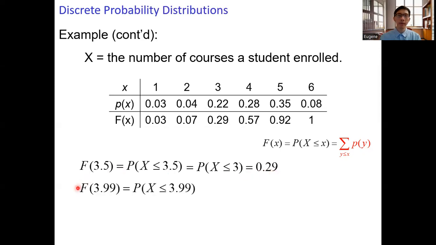How about F of 3.99? This equals the probability that X is less than or equal to 3.99. And it is the same as the probability that X is less than or equal to 3. So we get the same CDF as when X equals 3.5, which is 0.29.